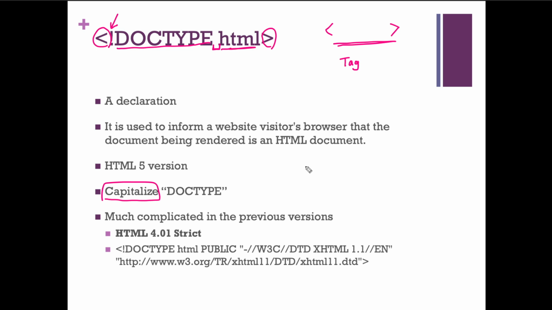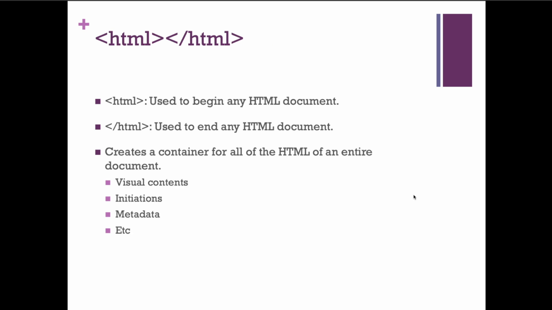So again, any HTML starts with what? The declaration, capital letters, DOCTYPE. I'm typing it to help you memorize it. A space, html, and don't forget to close it. So that's the declaration. So easy, right? Let's move on. Next part is the HTML tag pair.